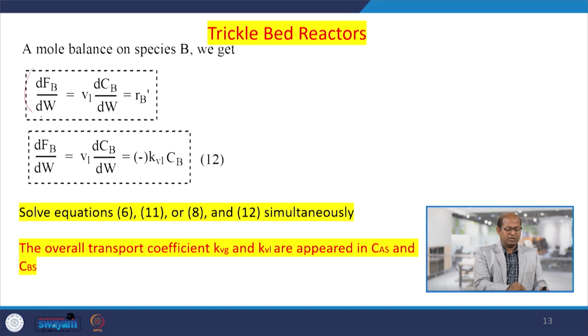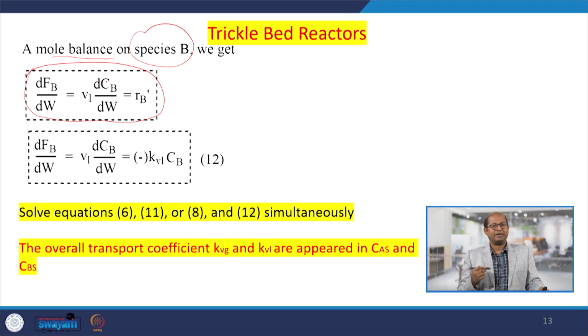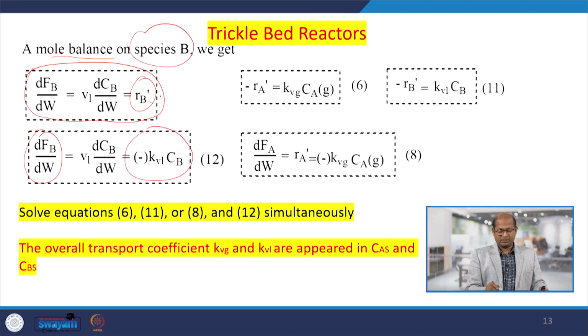So, for component B, similarly the mole balance or design equation we can write: dF_B by dW equals R_B prime, and we substitute R_B prime equals K_VL into C_B here.